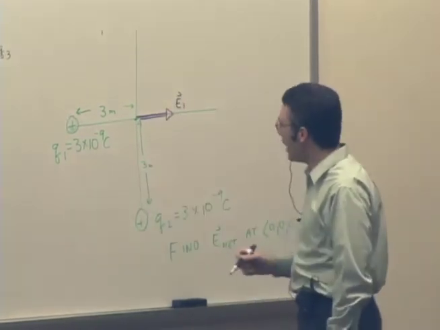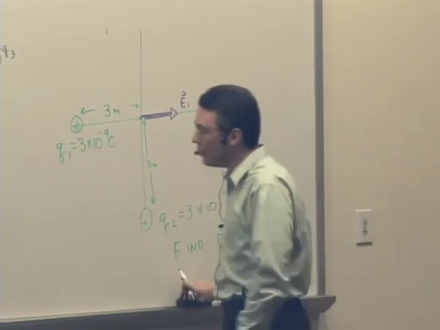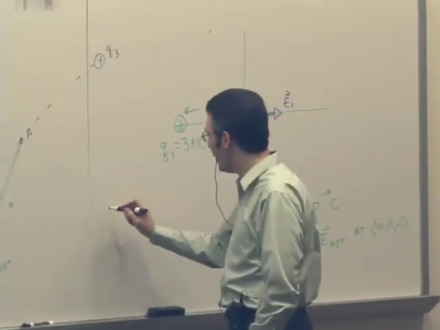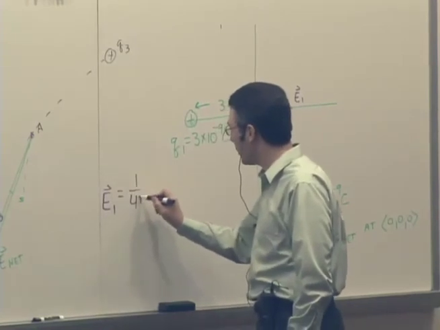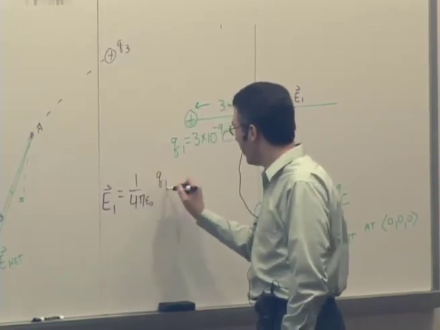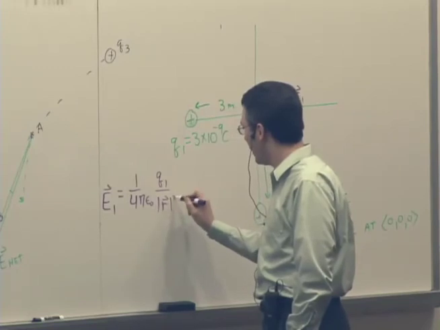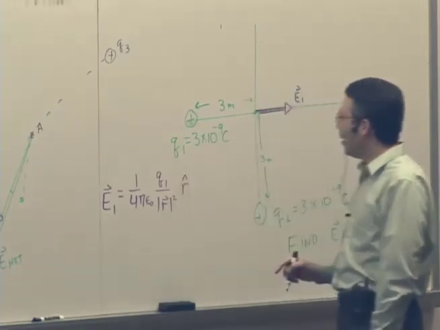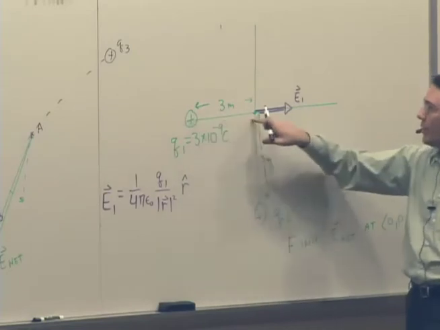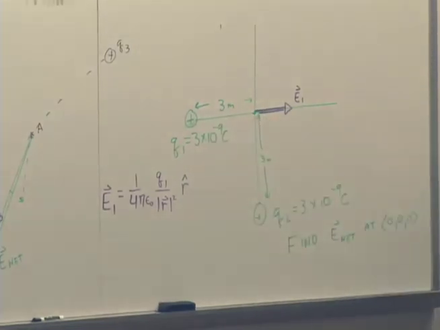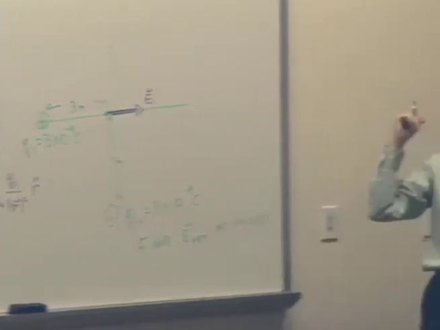And we could quickly calculate this without having to do too much mathematics because we know E1 is 1 over 4 pi epsilon 0, Q1 over r squared times r hat. Well, what's r hat? What's the vector that points from the source to the observation location that lies along the positive x-axis?